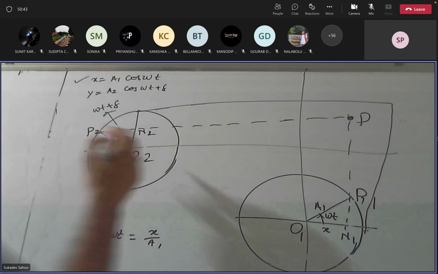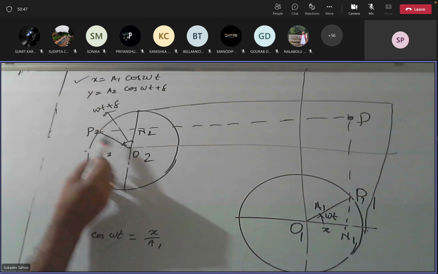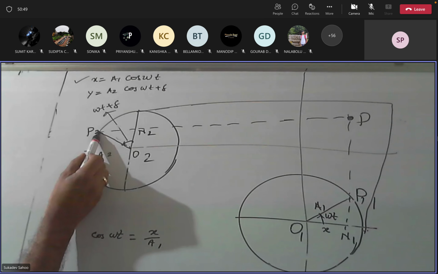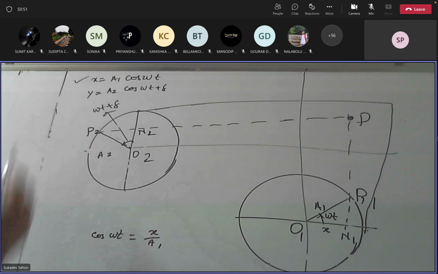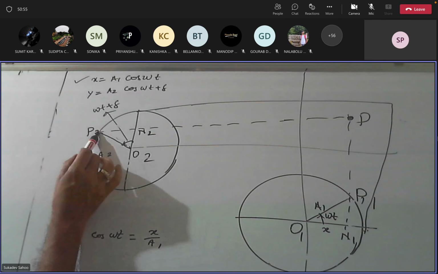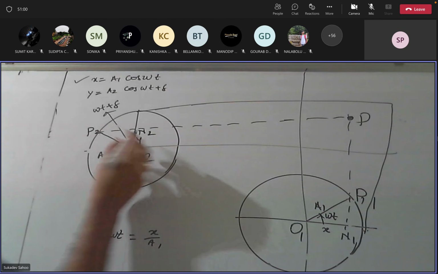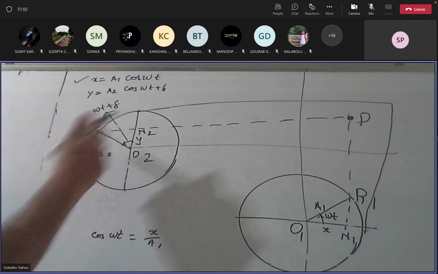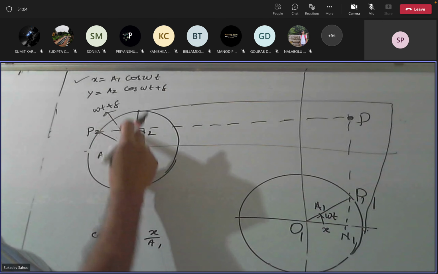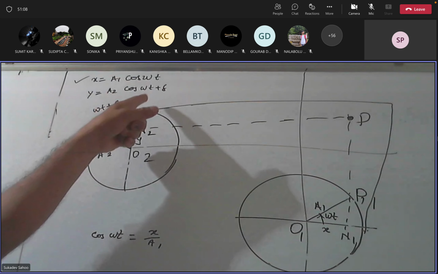Similarly, here we have considered the angle omega t plus delta, and O2P2 at any point. At any instant of time the point is at P2, so the projection of O2P2, that is O2N2, is y. So y equals A2 cos(omega t plus delta). From this circle we find y equal to A2 cos(omega t plus delta).